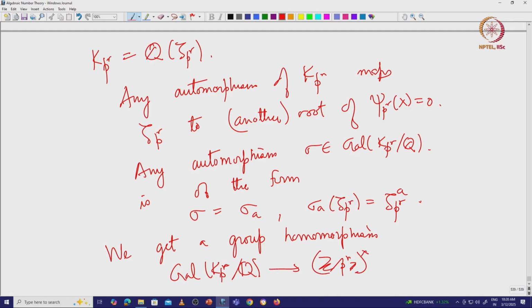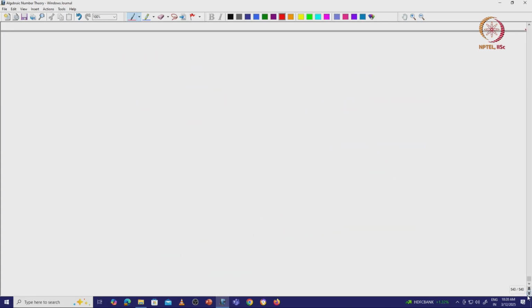Here a has GCD of a and p equal to 1. Otherwise it is not a root of psi; that is the problem if p divides a. So, this homomorphism is clearly injective, and up to this point it works for any field.